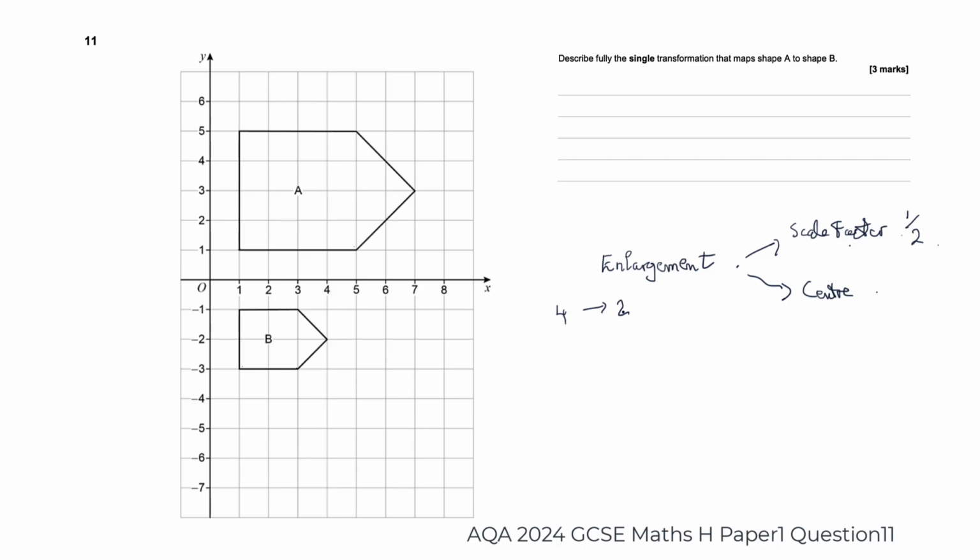The way we do this is to look at a point on the larger shape and look for the corresponding point on the smaller shape and then join them up. So you would take your ruler and line it up so that it passes through both of these points. There it is. And we draw that line in.